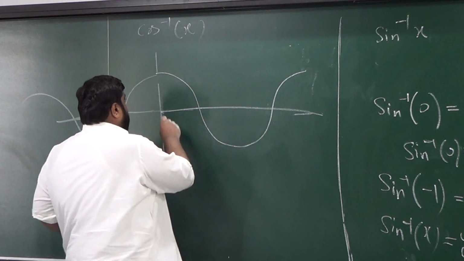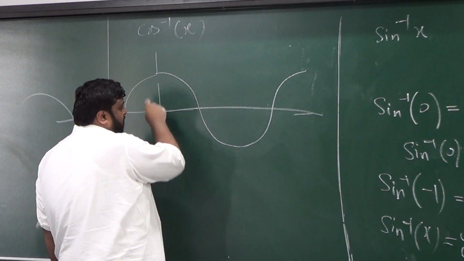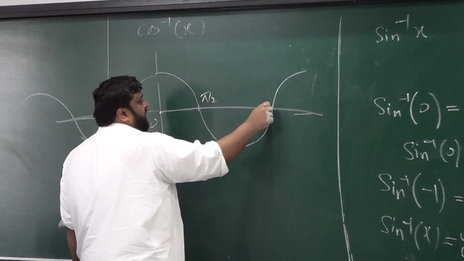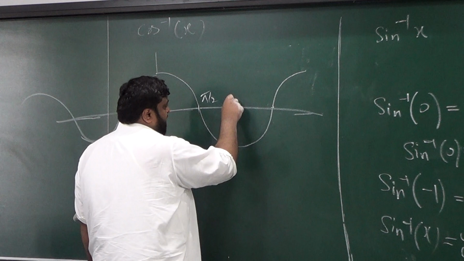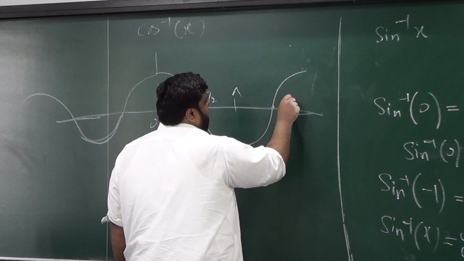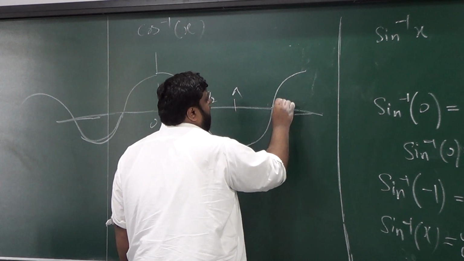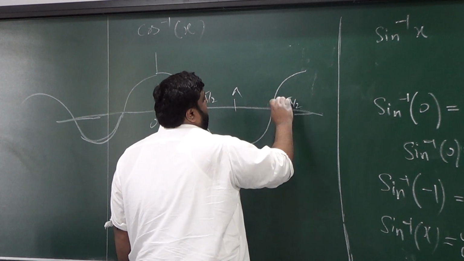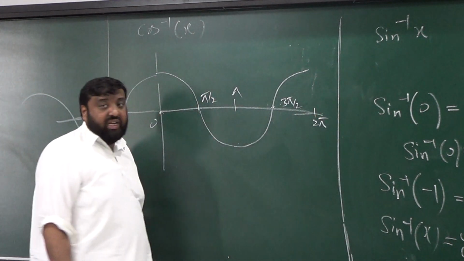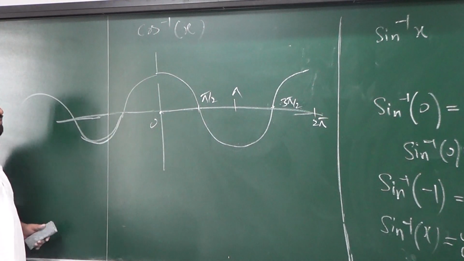But it is 1 at 0, at pi by 2 it is 0, at pi it is negative 1, at 3 pi by 2 it's again 0, and at 2 pi it is again 1 actually. So that's how it goes.